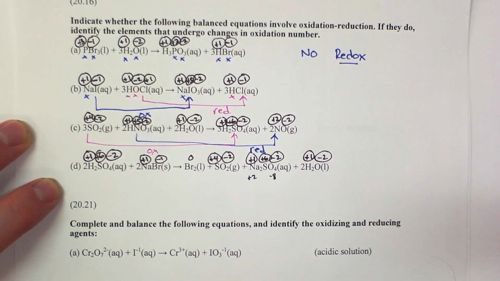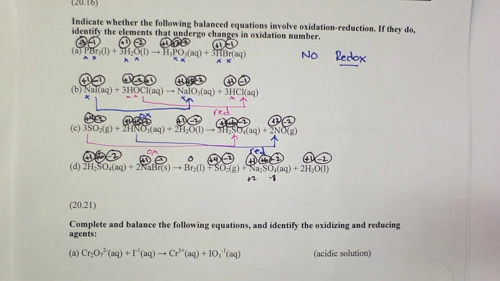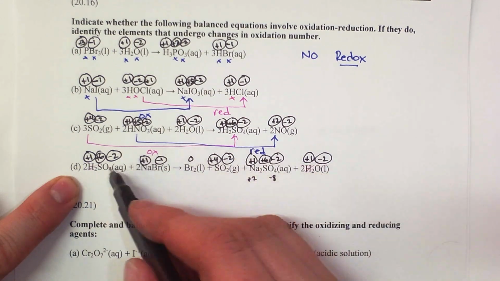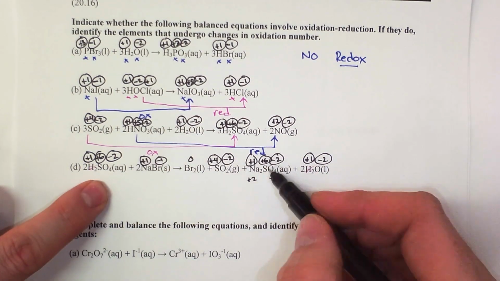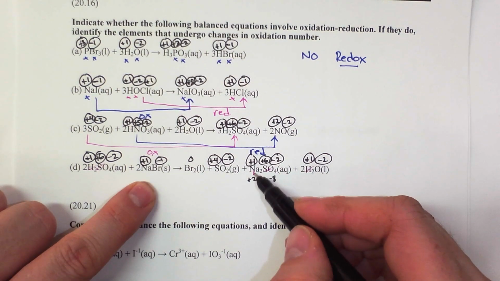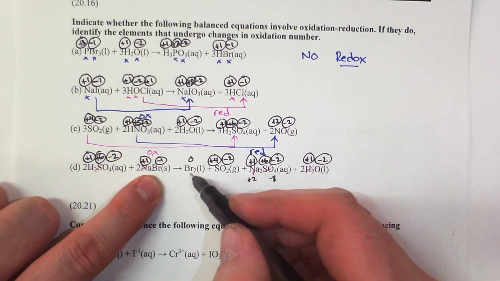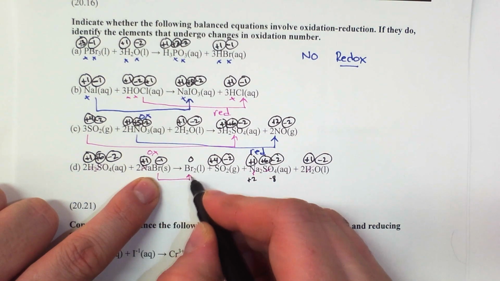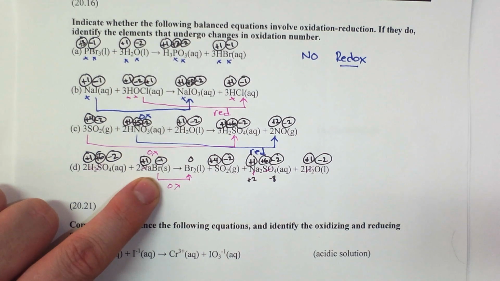So there's our oxidation states all written out. Hydrogen doesn't do anything. Sulfur goes from plus 6 to plus 6, so it does nothing. Sodium does nothing. Bromine is oxidized.